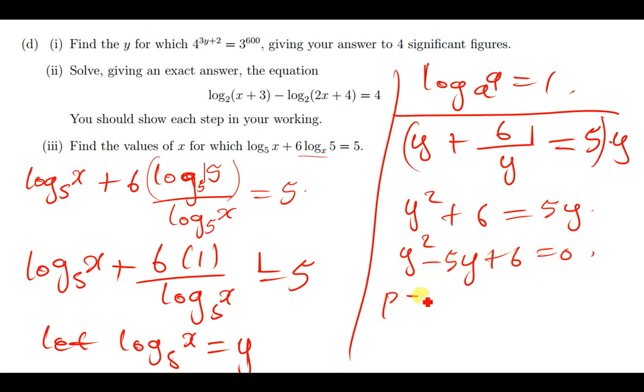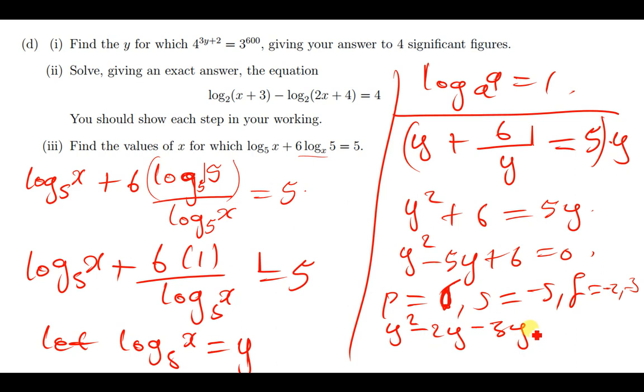So the product is 6, the sum is negative 5. So the factors will be two numbers that multiply to get 6, and when you add them, they give us negative 5. So this is just negative 2 and negative 3. When we replace them there, we're going to have y squared minus 2y minus 3y plus 6 is equal to 0.